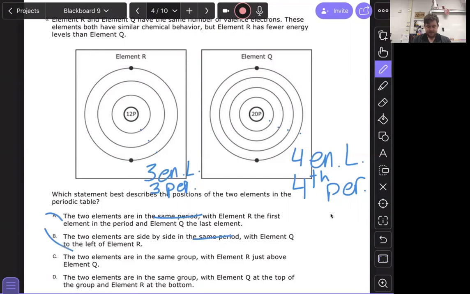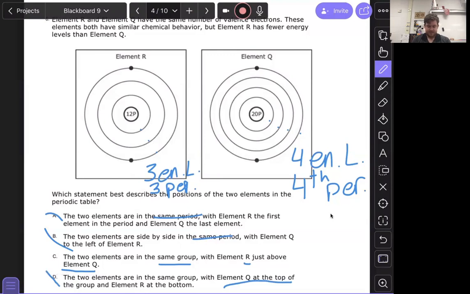The 2 elements are in the same group with element R just above element Q. Okay, that one makes sense. The two elements are in the same group with element Q at the top of the group and element R at the bottom. If element Q is at the top of the group, it would have one or two energy levels. It has four, so I know it's not going to be at the top.